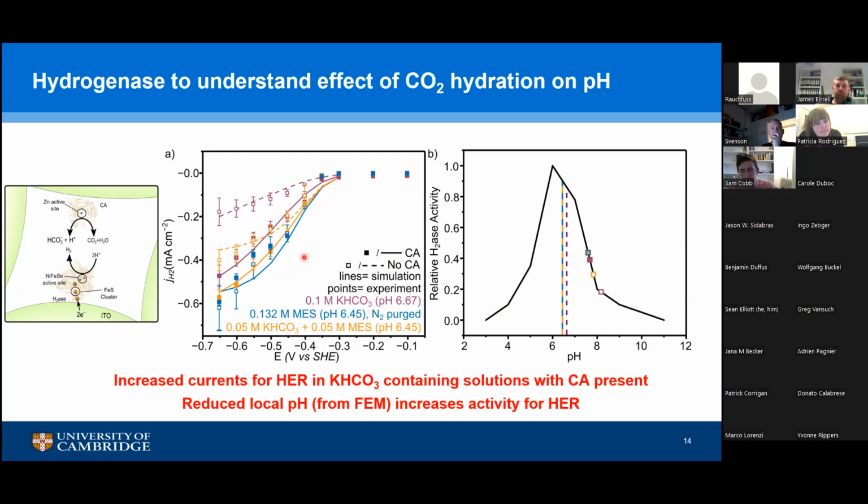MES is a brilliant analog of bicarbonate because it's got basically the same pKa, but no CO2 bicarbonate involved. And what we find is basically it's performing very similarly, and therefore just by increasing CO2 hydration, we can increase our hydrogen production. I.e., we've only changed our local environment, we've not changed our catalyst, but by changing the local environment, by increasing the kinetics of that buffer, we improve the activity.